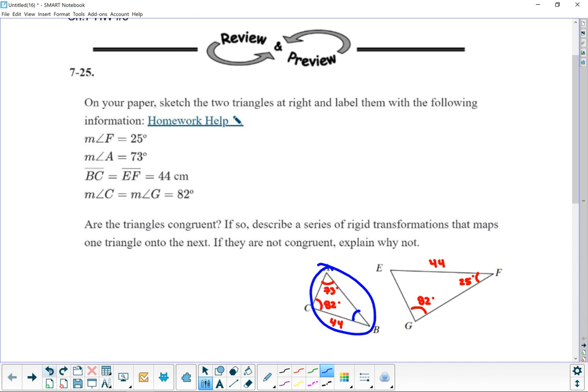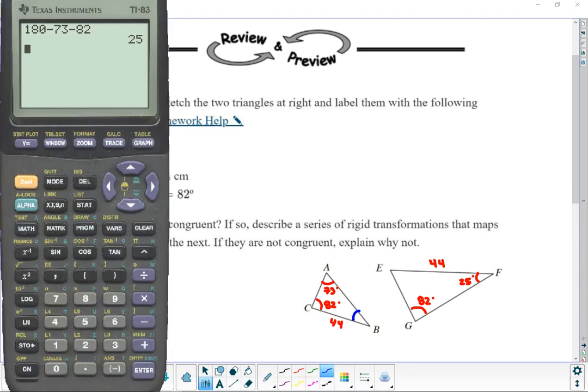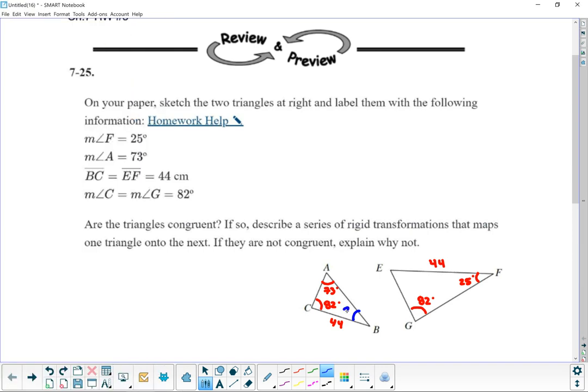That gives me 25. So this angle is 25, which matches with this angle, actually. Both these angles I'll put in blue. And to find this third angle, I'll put it in green.